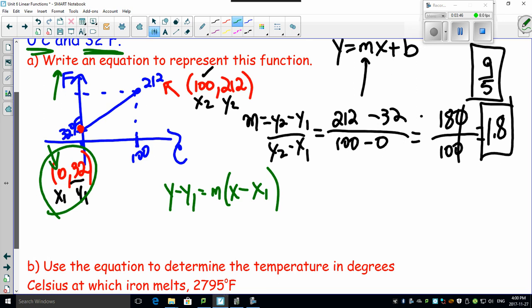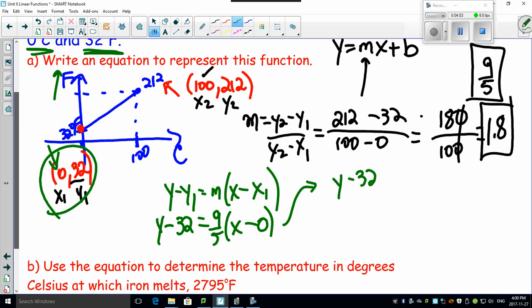Okay, so here we go. y minus 32 equals the slope, which we know is 9 over 5, times x minus 0. Oh, that's not too bad at all. This ends up being y minus 32 equals 9 over 5 x, so y equals 9 over 5 x plus 32.